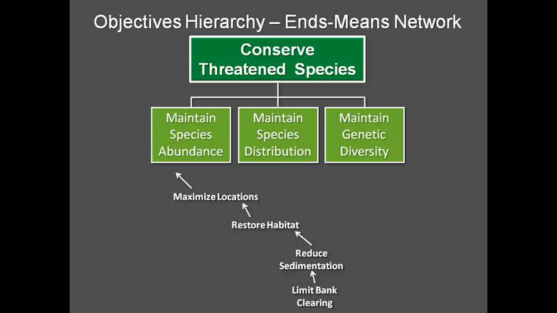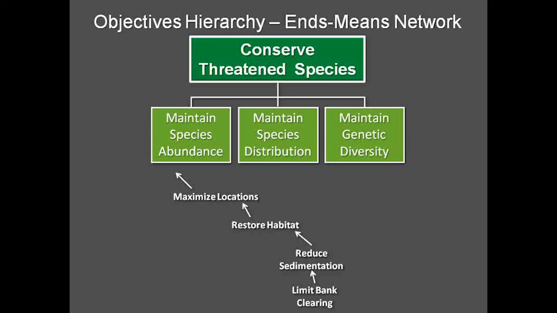So what we're doing in this kind of ends-means network is backing up from our fundamental objectives through the different layers and identifying actions that may lead to what we're hoping to achieve. There are some valuable things here. One is that this is the start of modeling. This is the start of understanding consequences. But it's also a creative way to start thinking about how you generate alternatives from objectives, right?